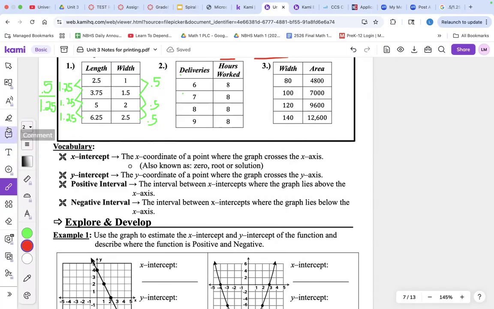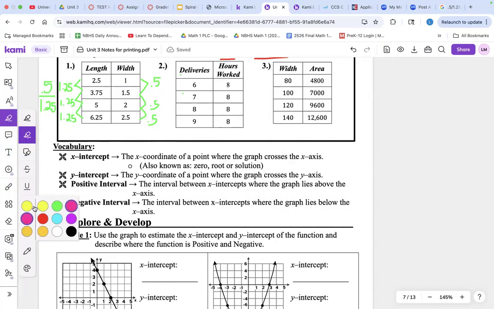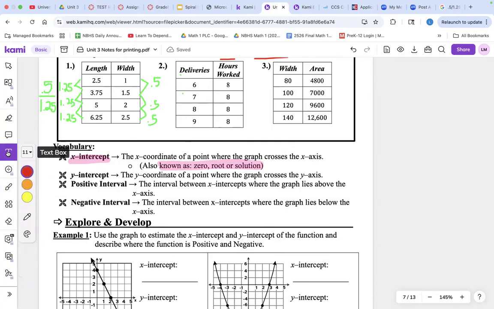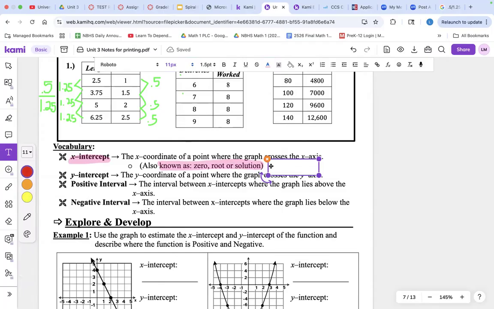Key, very, very important. Let's keep it pink. That x-intercept is also known as zero, root, solution, and what did we learn in the first lesson? It is also called independent.